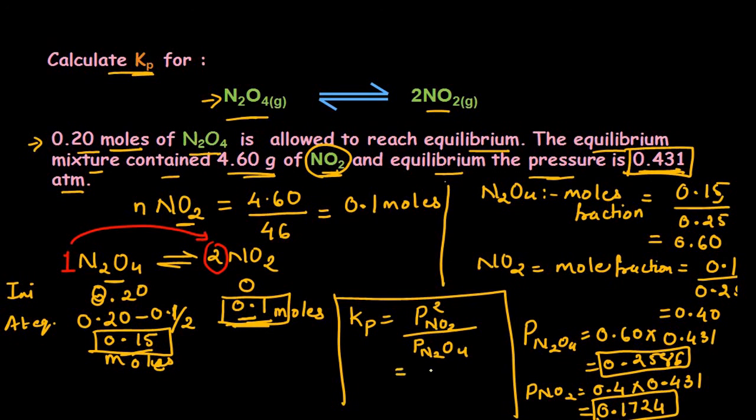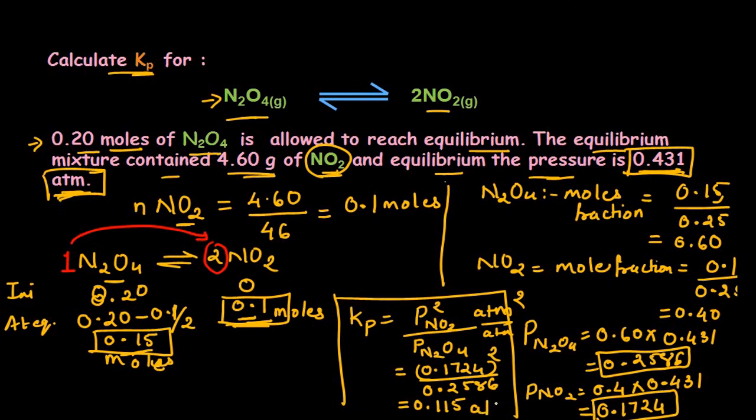So this is equal to 0.1724 square divided by 0.2586, which gives us the value 0.115. Now if you calculate the unit, it is in atmosphere, because the unit given here is atmosphere. So atmosphere square divided by atmosphere gives us the unit as atmosphere, as it gets cancelled.